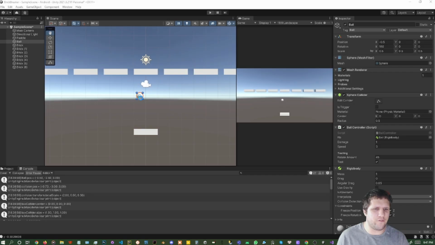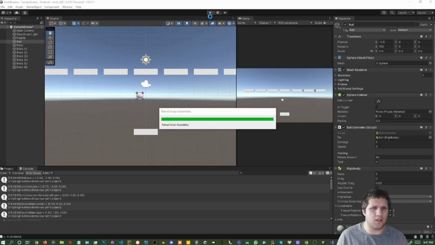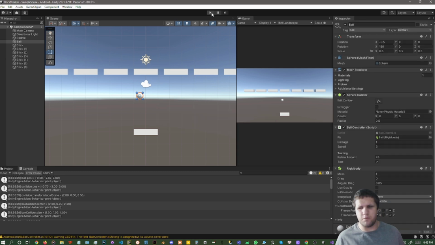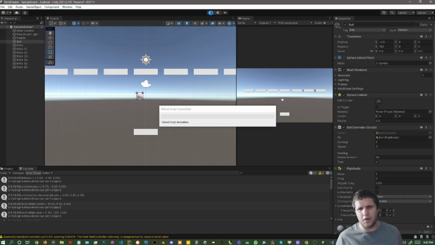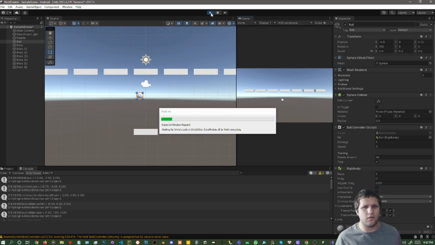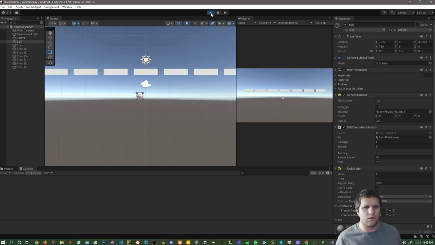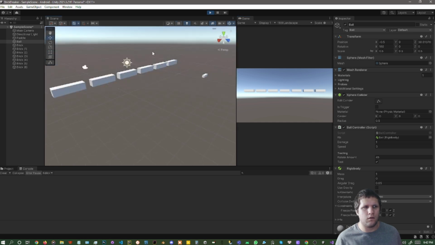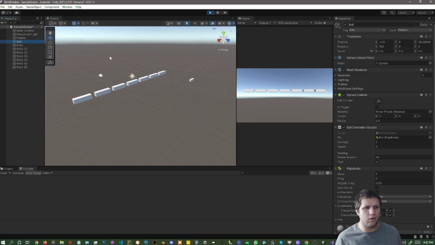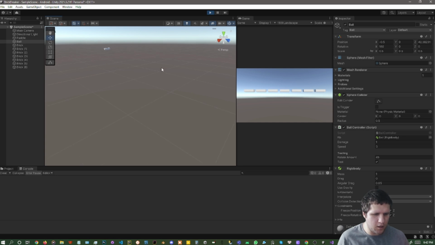Will that move it forward in a straight line? Because I think our rigid body is messing with our calculations. Okay, this is bad.